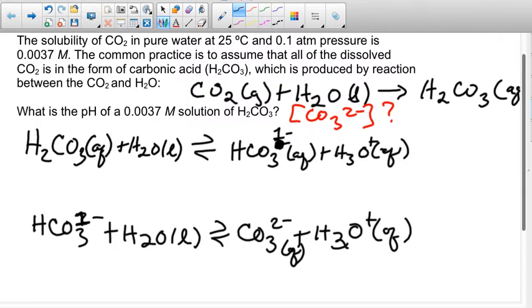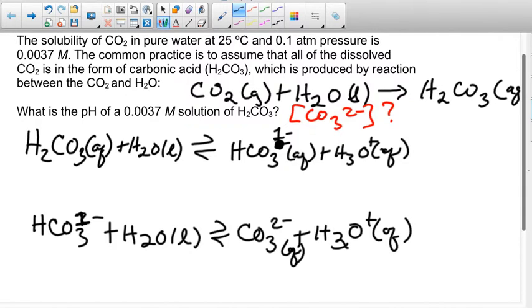Meaning the second equilibrium is going to lie so far to the left that it isn't going to produce enough hydronium to affect the pH to any great degree. Can you repeat the explanation? Sure. Well, it's just a rule of thumb.